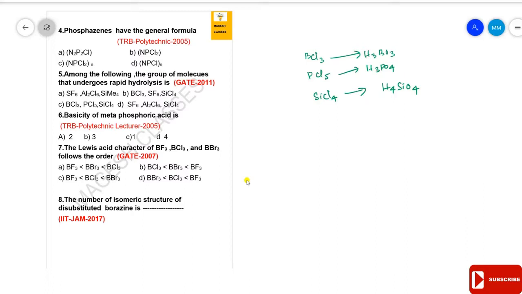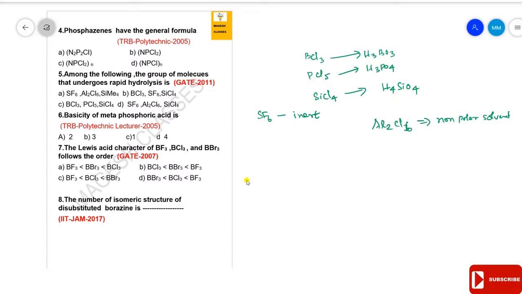And it is noted that SF6, sulfur hexafluoride, is inert. And aluminum trichloride, which is in dimer form, is only soluble in non-polar solvent, not in water. From this information we can solve this problem.